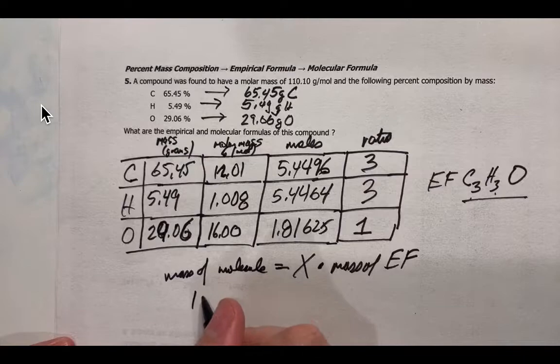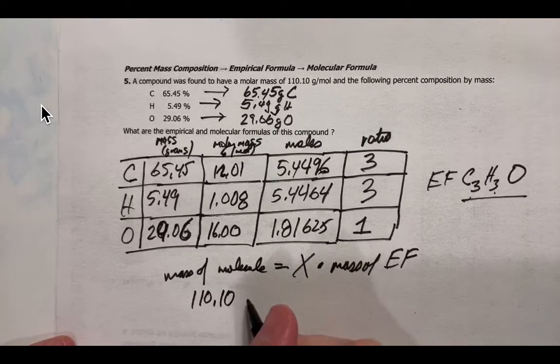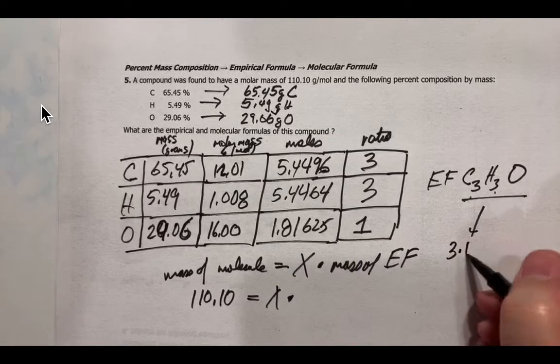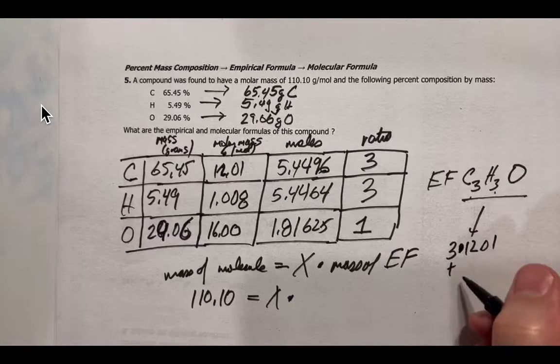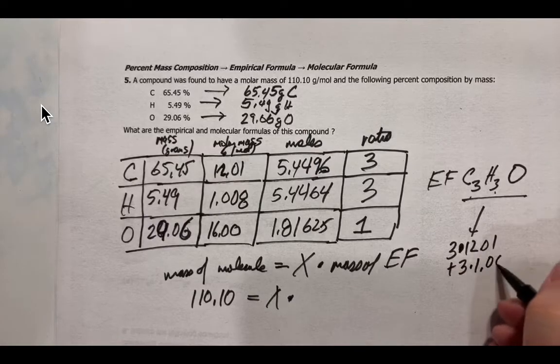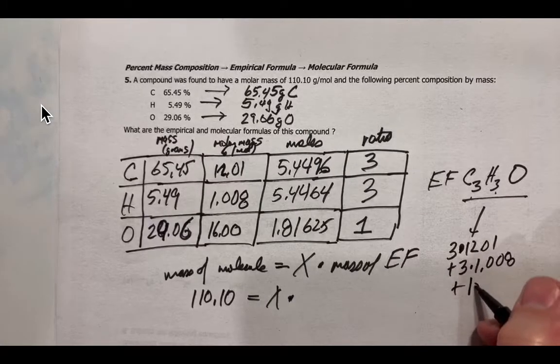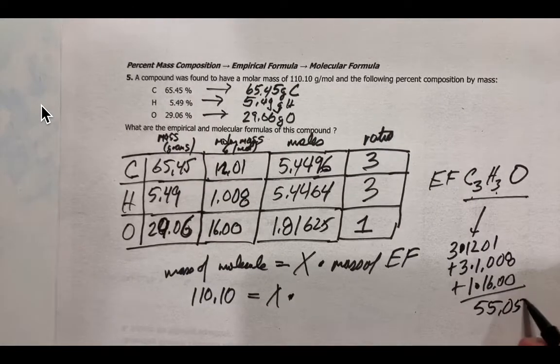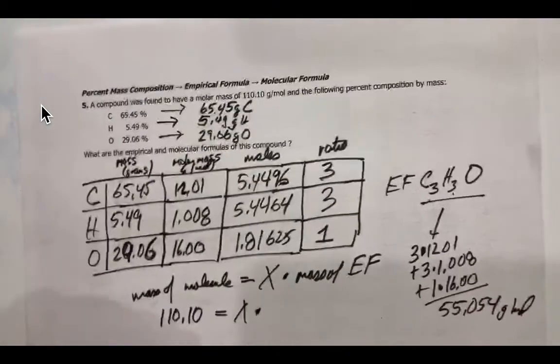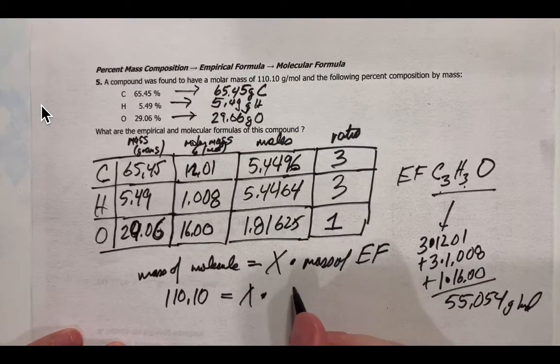The mass of the molecule is given: 110.10 is equal to x times the mass of this empirical formula, 3 times 12.01 plus 3 times 1.008 plus 1 times 16.00. Okay, 55.054 grams per mole is the mass of that empirical formula.